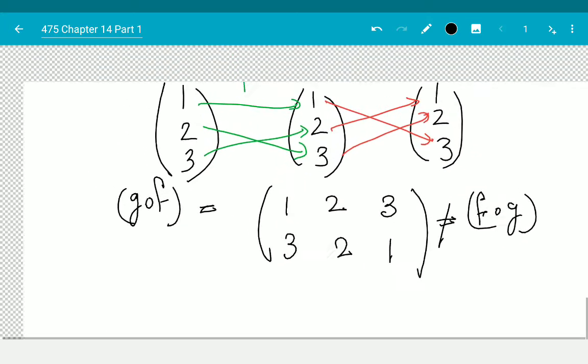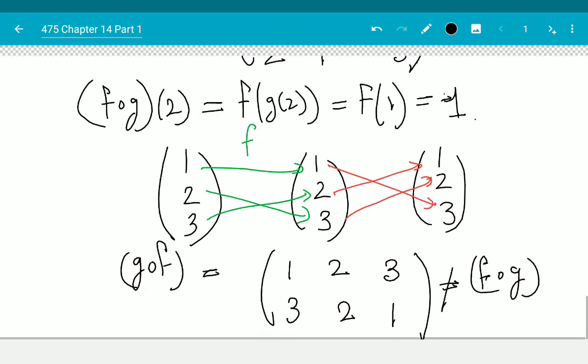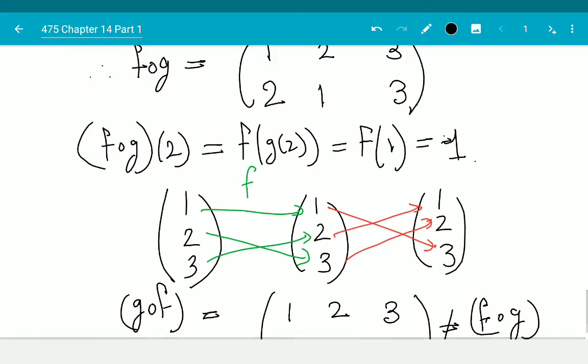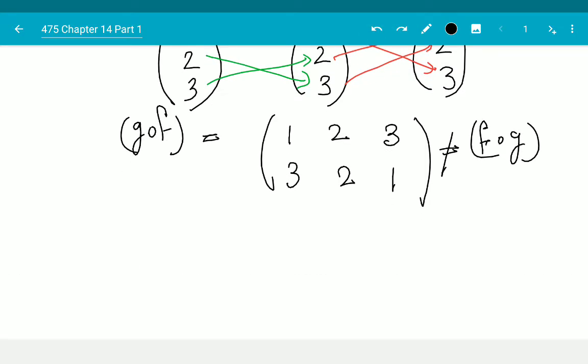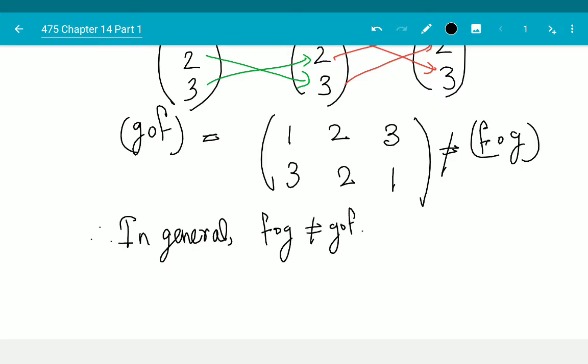Which was: 1 went to 2, 2 went to 1, and 3 stayed at 3. Here 2 is staying at 2, 1 is going to 3, 3 is going to 1, right? Therefore in general, F composed G is not equal to G composed F. So unlike multiplication and addition, which are commutative, this is not commutative.